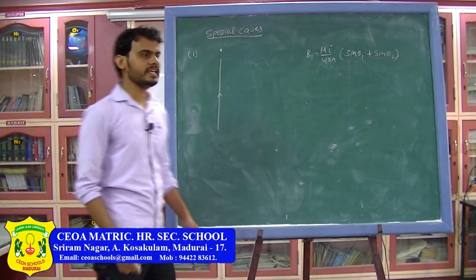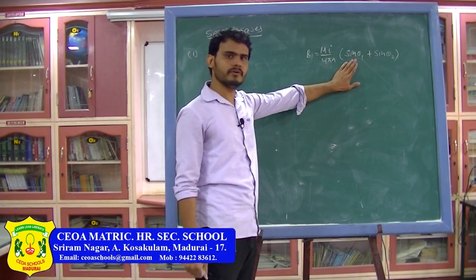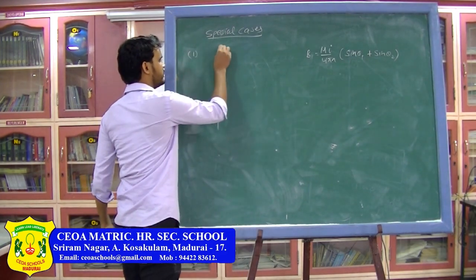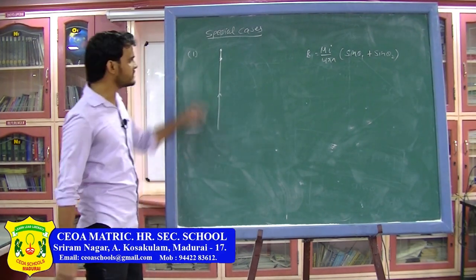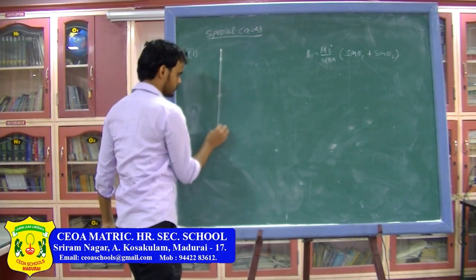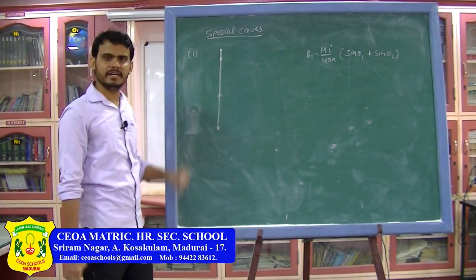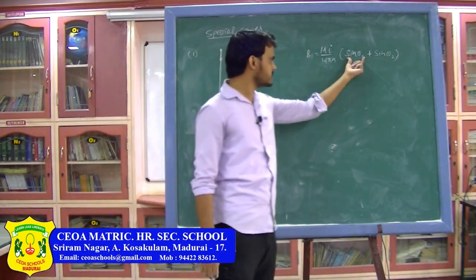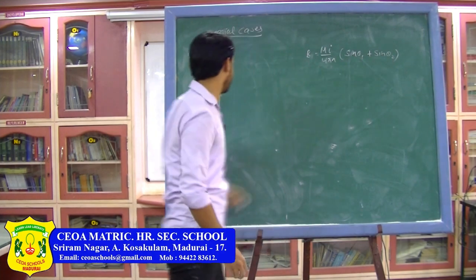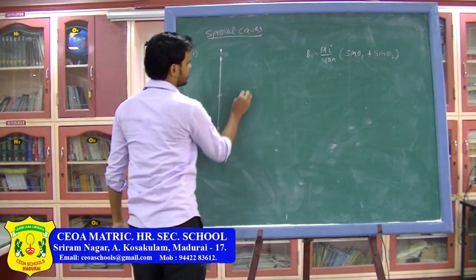Here theta 1 is the angle which the point is making from the ends of the wire. So if I join this point, as you can see here the angle will be 0 degree, and if I join this point the angle will be 180 degree. So here if you put 0 and 180, this whole term will come out to be 0. So you can say here the magnetic field will be 0.